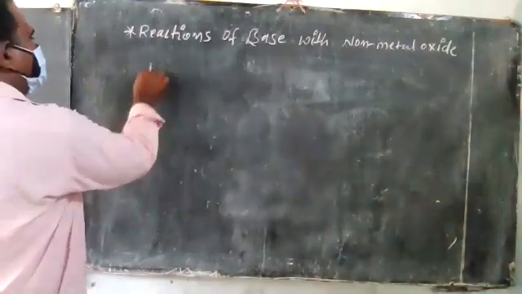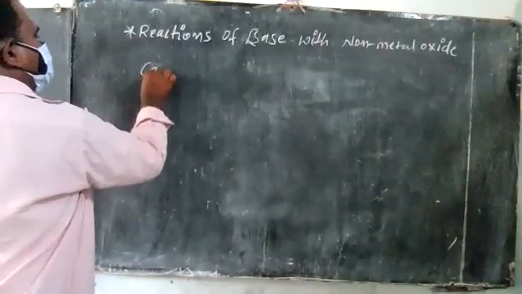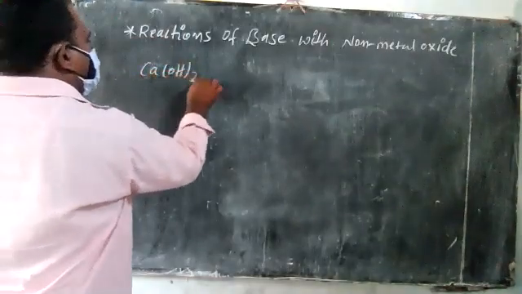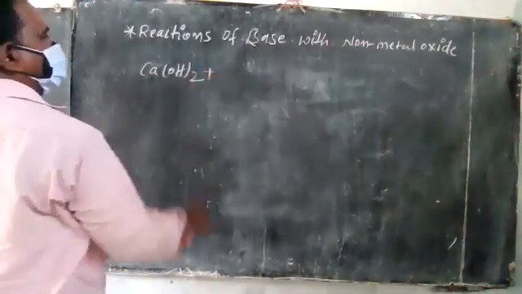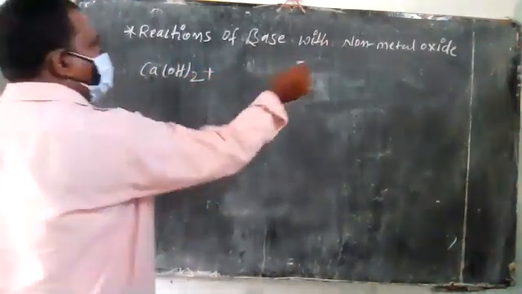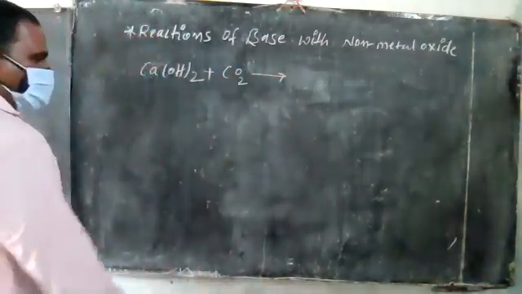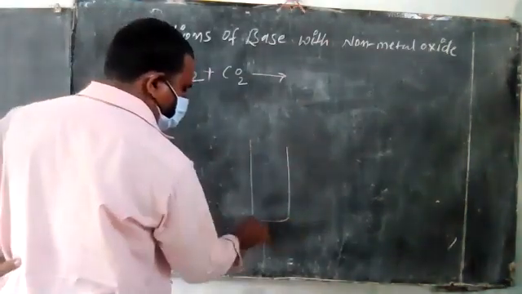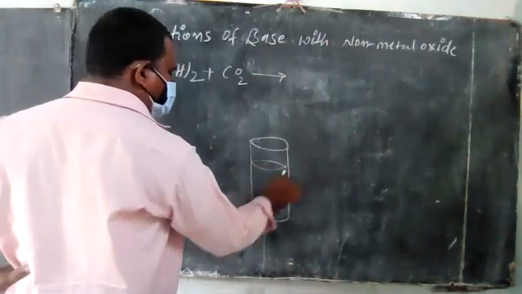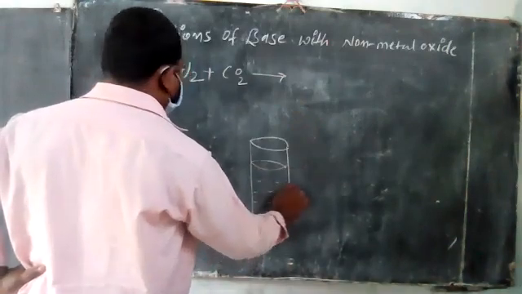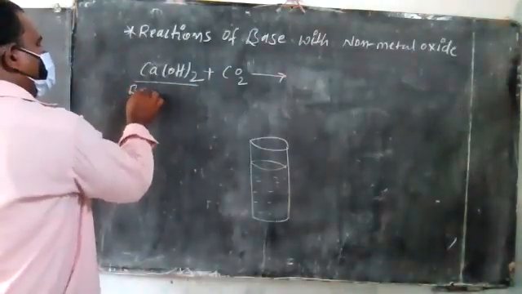So for the base, you take lime water, that is calcium hydroxide, like lime. Then it reacts with the non-metal oxide, for which you take carbon dioxide. Very simple. In a beaker, first you take the lime water, which is basic in nature.